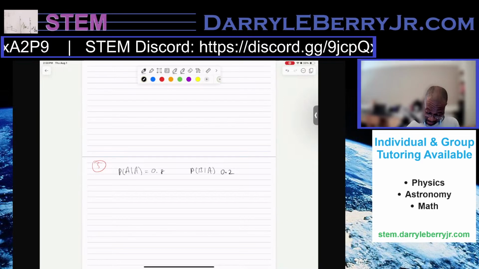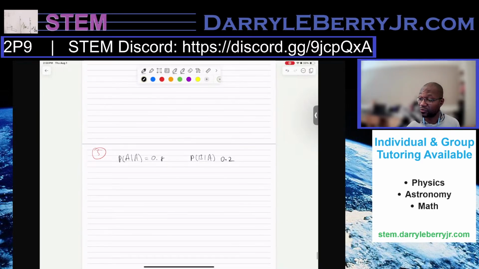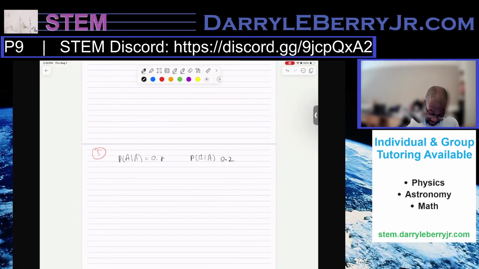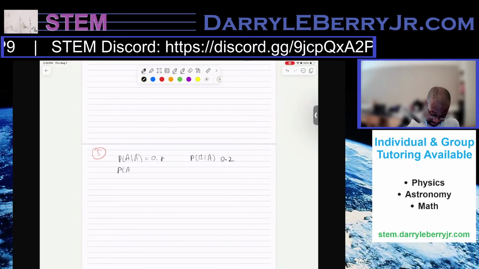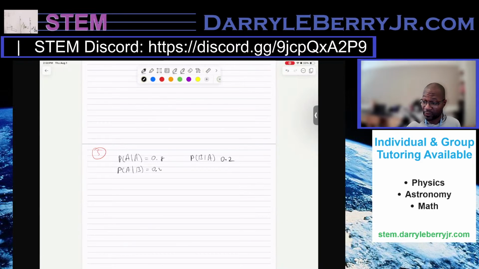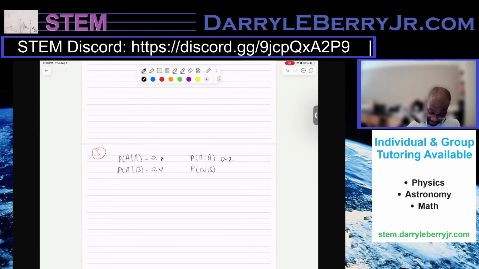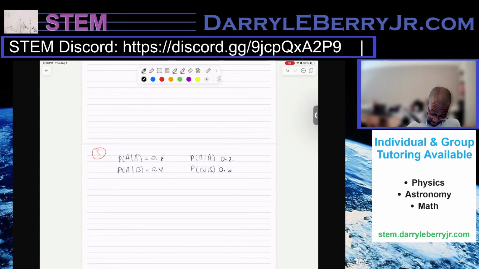And notice that they add up to 1. The probability that it is in A, given it was in B, is 0.4, and the probability that it is in B, given it was in B, is 0.6.